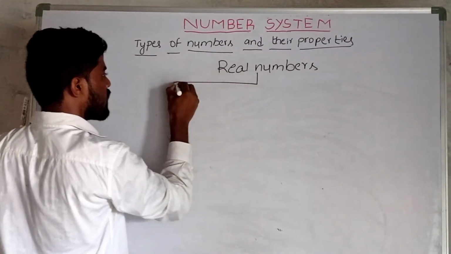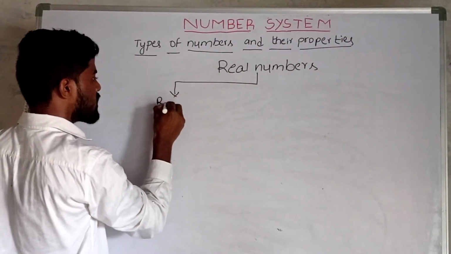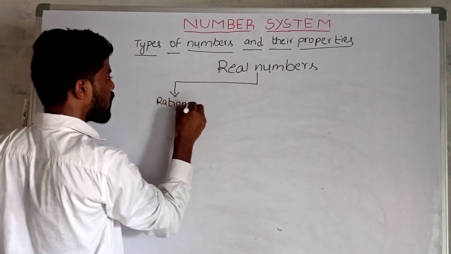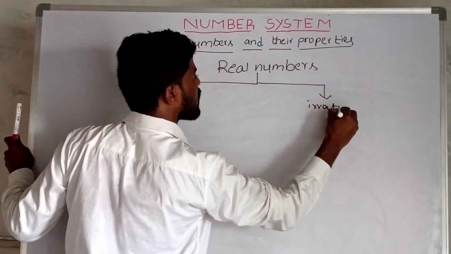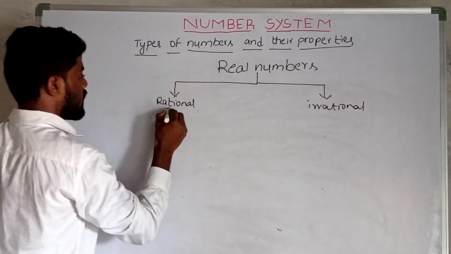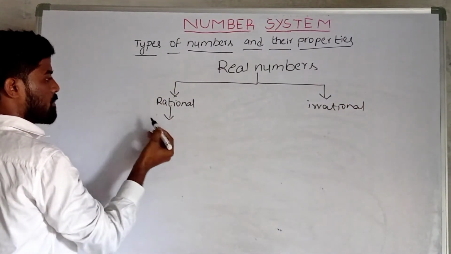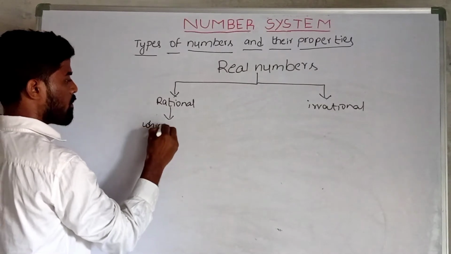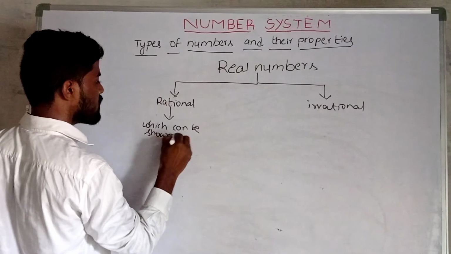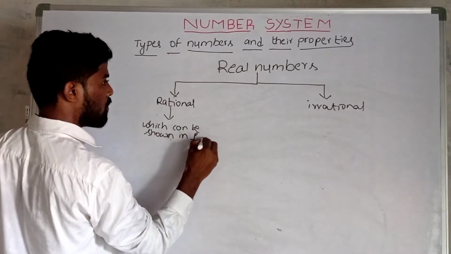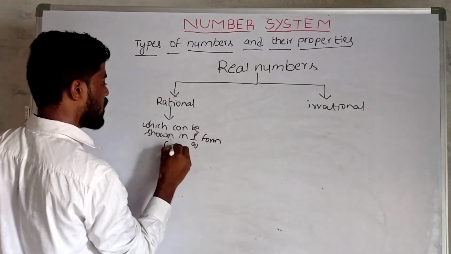Real numbers again classified into rational numbers, irrational numbers. Rational numbers are the numbers which can be shown in P by Q form, where Q not equal to 0.